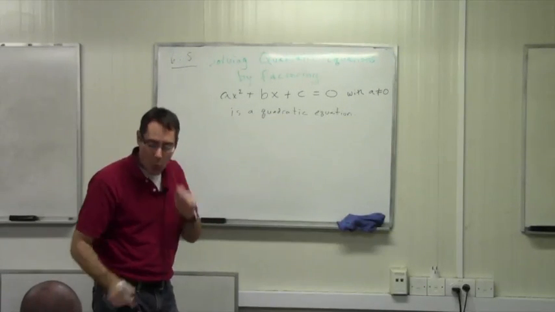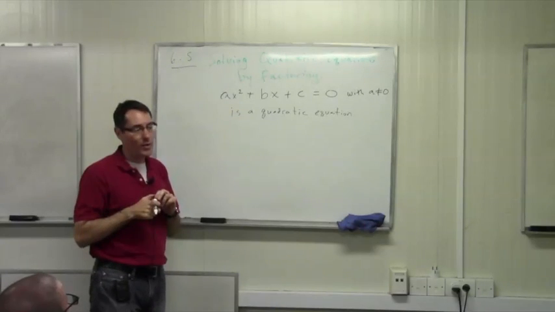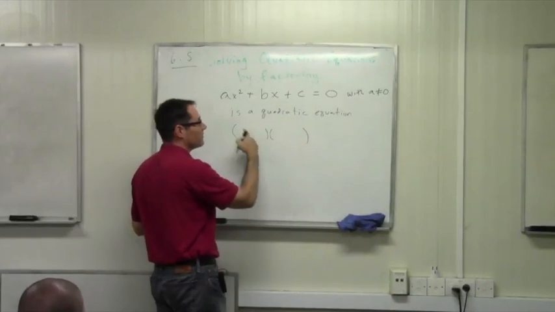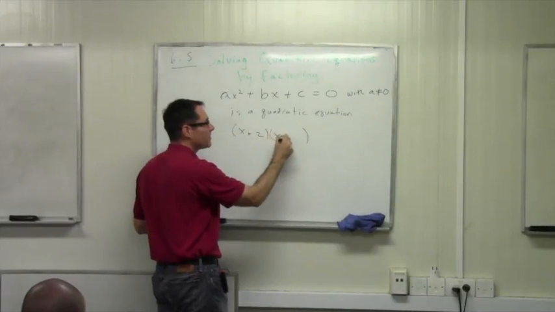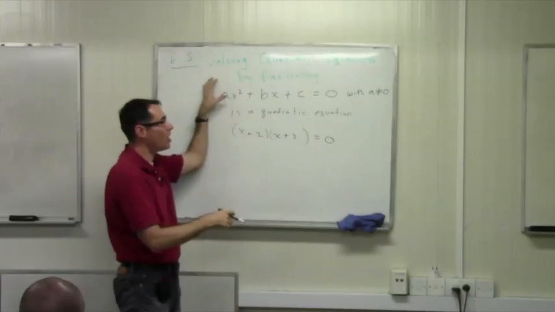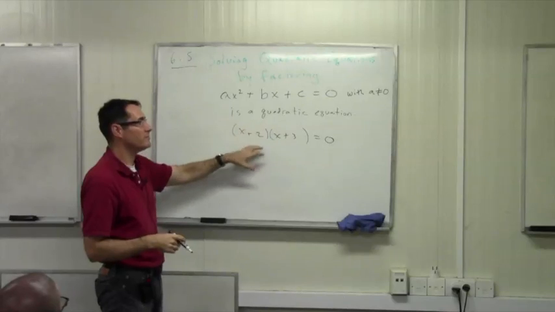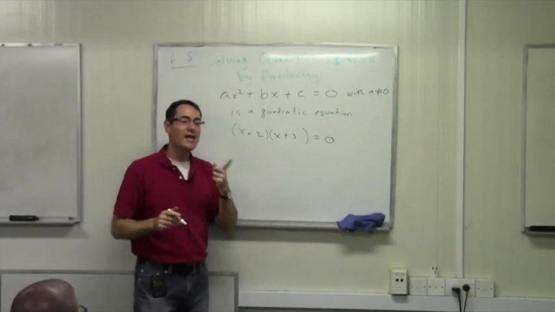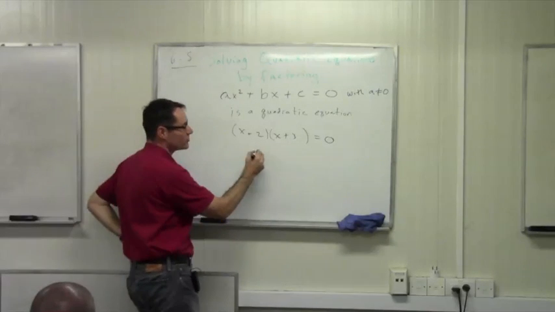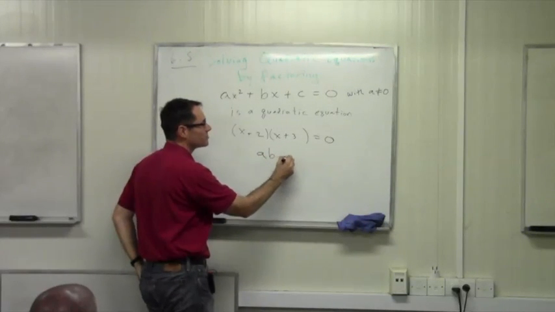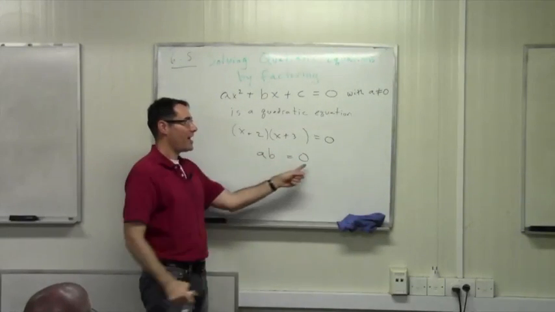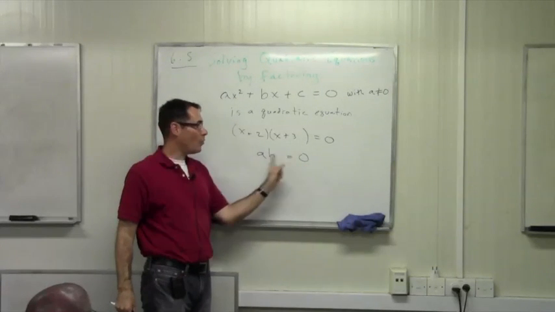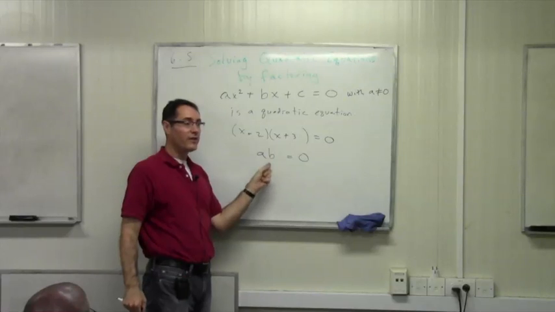We can solve quadratic equations if we have, whatever the factors are, say x plus 2 and x plus 3 equals 0. If we get the two factors, here's what we can do. Isn't it true that if two numbers are multiplied by each other and they end up being equal to 0, either one of them has to be equal to 0 or the other one, or both?